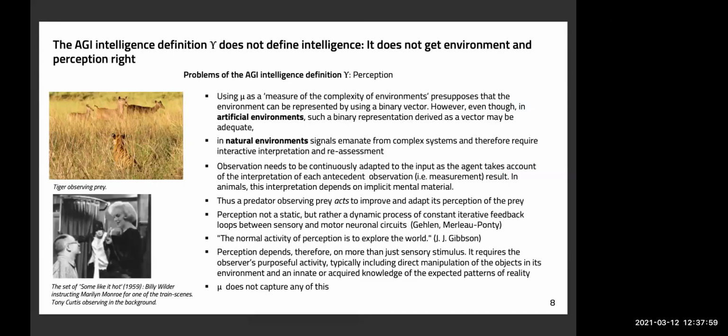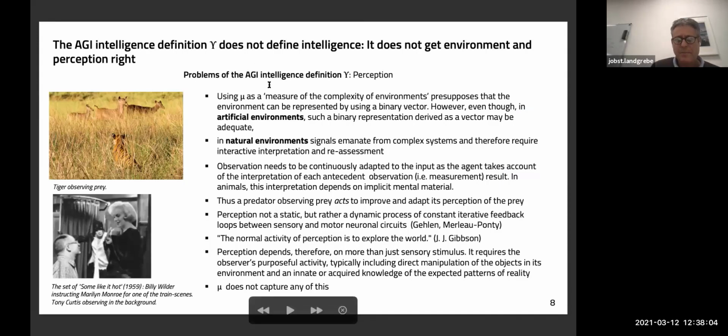Now, the next problem is perception. They use mu as a measure of the complexity of environments, and that presupposes that environments can be represented by using a binary vector. But in artificial environments like a chessboard, a binary representation may be adequate, whereas in natural environments, the signals that get observed, like here this tiger observing prey, emanate from complex systems and require interactive interpretation and reassessment.